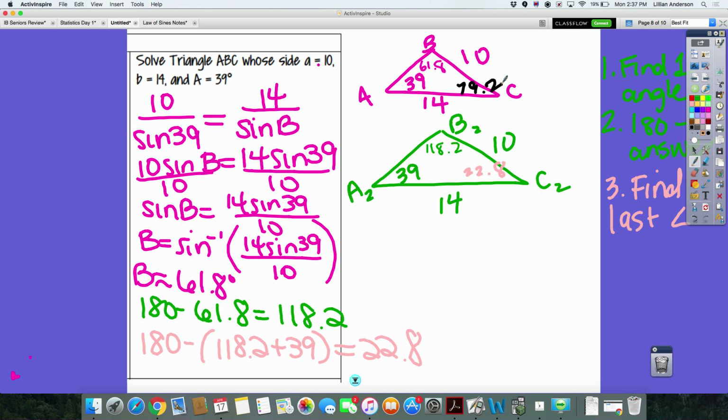And then you have to find side C for both triangles. Let's find it for triangle 1. So for triangle 1, that's side C over the sine of angle C. I'm going to set that equal to what in triangle 1?